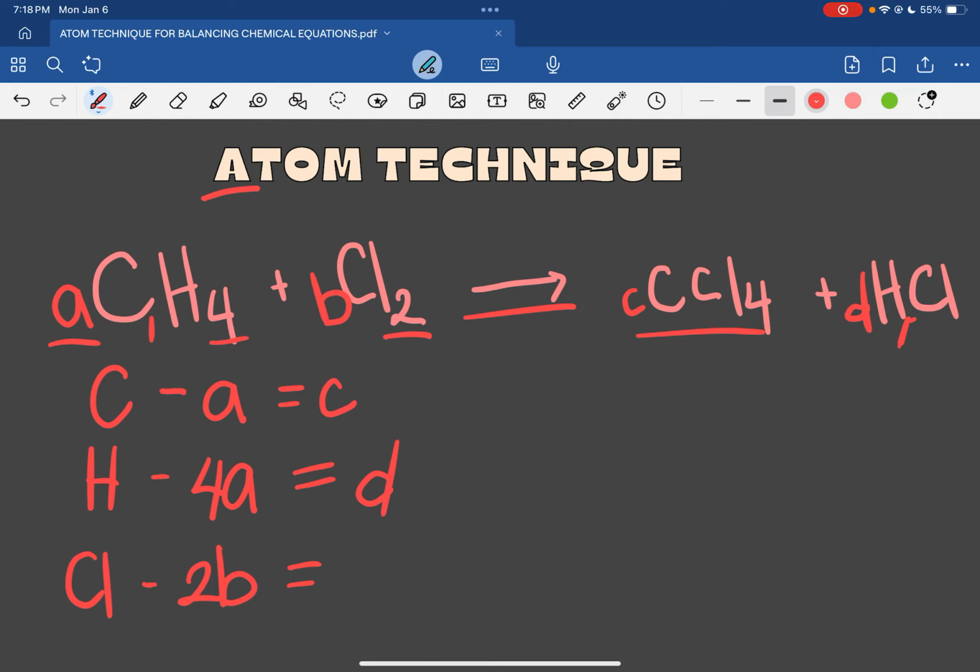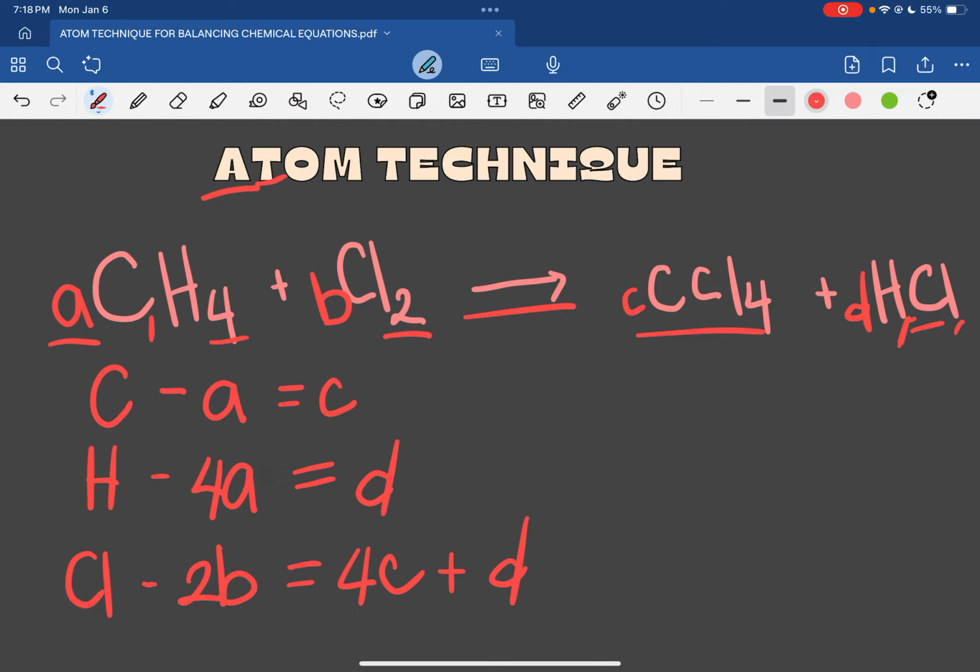So 4 times C, we're going to get 4C. And lastly, in our fourth substance, the hydrochloric acid, there is 1 chlorine atom there. So 1 times D, we're going to get 1D. So that is how you translate them into equations.